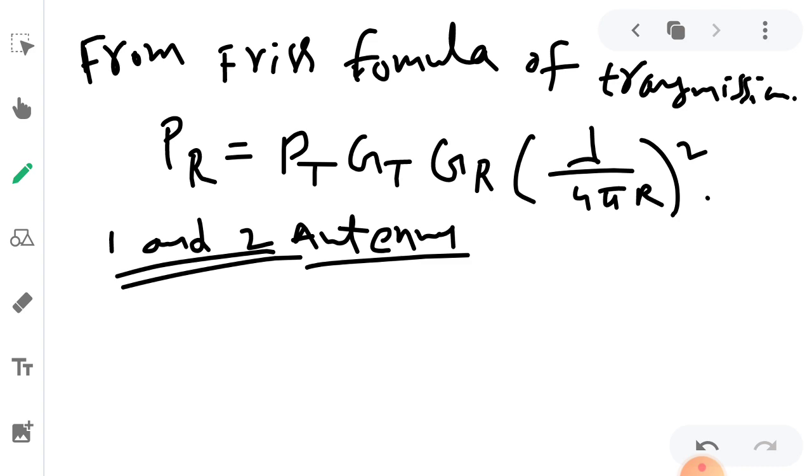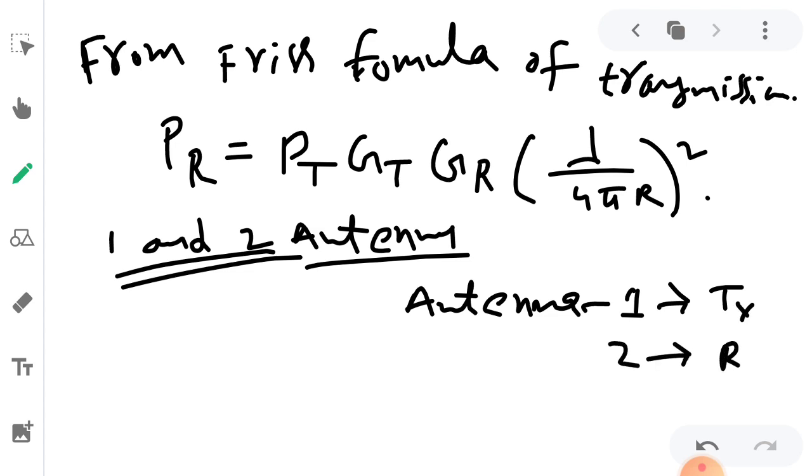So we take P1, P2, or you can take PR1 and PR2, anyhow we can write it with respect to these. Suppose we consider antenna 1 as the transmitter antenna and antenna 2 as the receiver antenna.